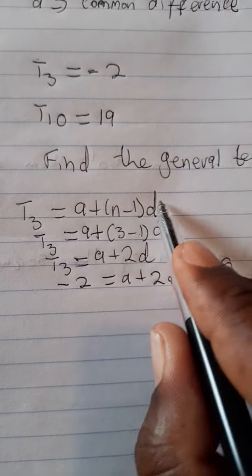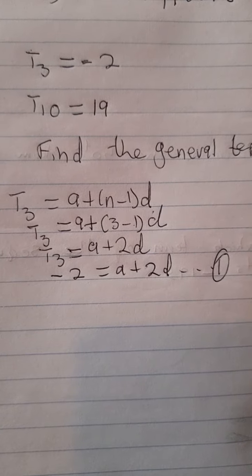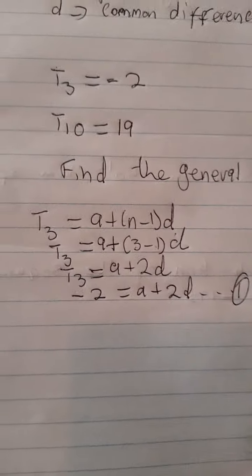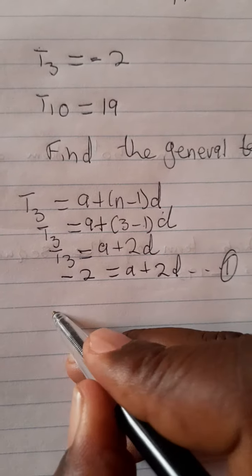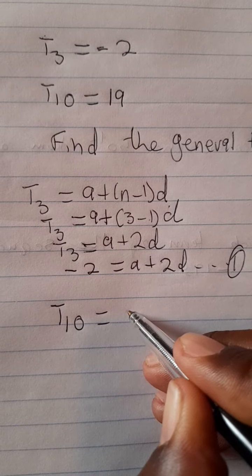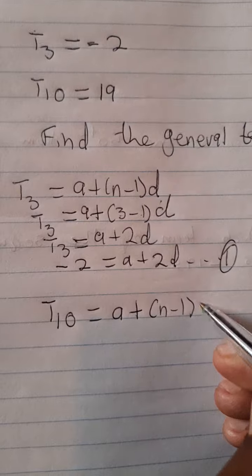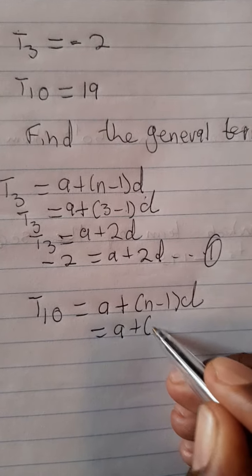When there are two missing values, guys, the only technique that you can use is the simultaneous method. Okay, let's move to the 10th term. It's equal to 19. Remember, it will be a plus (n minus 1) difference. Where there is n, we shall place 10.